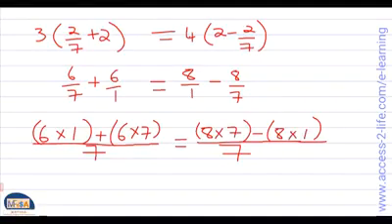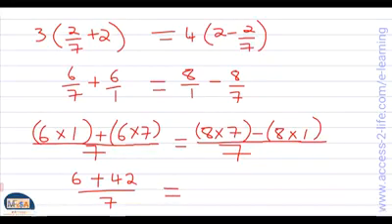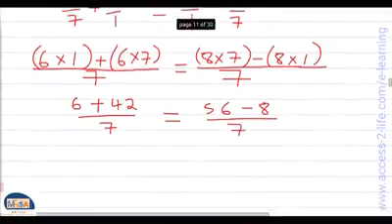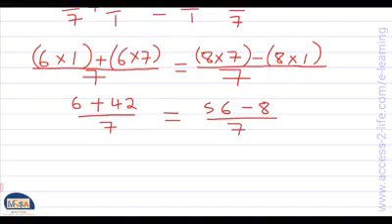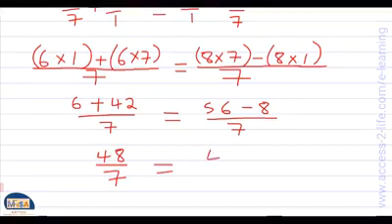So what we now have is 6 times 1 is 6, plus 6 times 7 is 42, all over 7, equals 8 times 7 gives us 56, minus 8, over 7. So now we've got 6 plus 42 gives us 48 over 7, equals 56 minus 8 gives us 48 over 7.